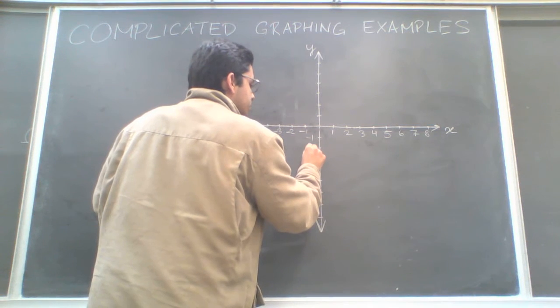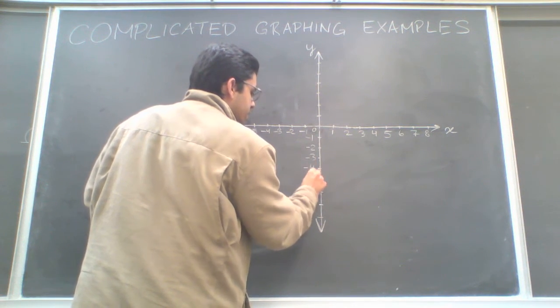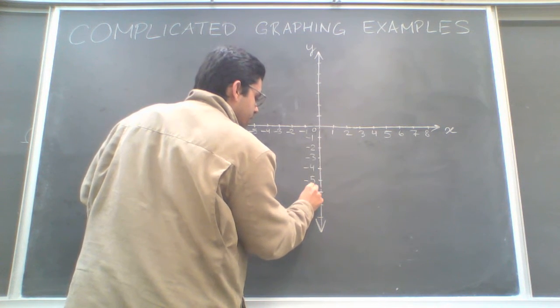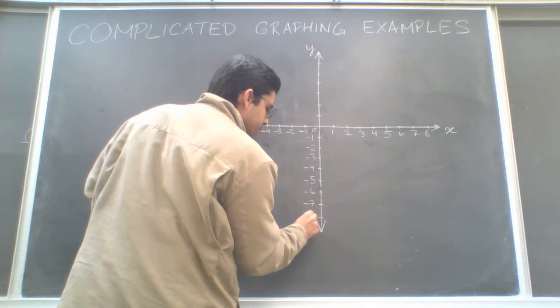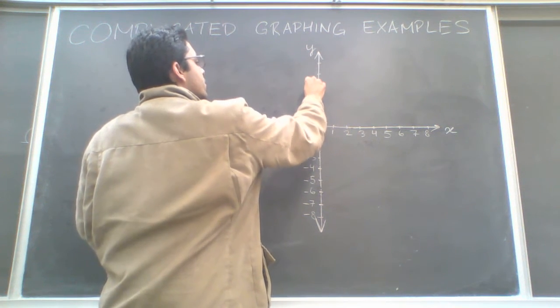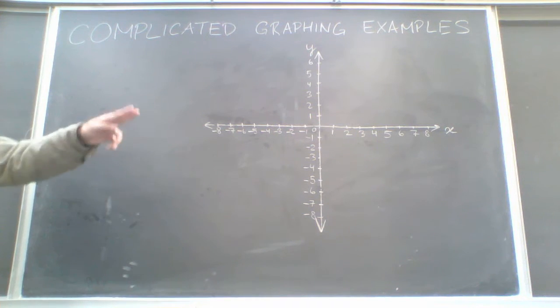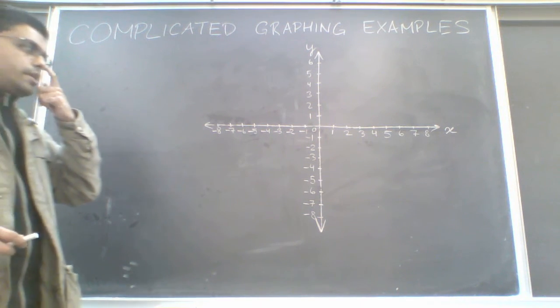Going down from 0, -1, -2, -3, -4, -5, -6, -7, -8, and going up we've got 1, 2, 3, 4, 5, 6. So close to getting 8 in all directions, but you know what?